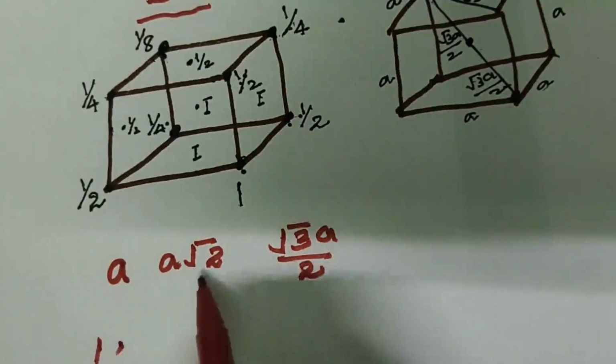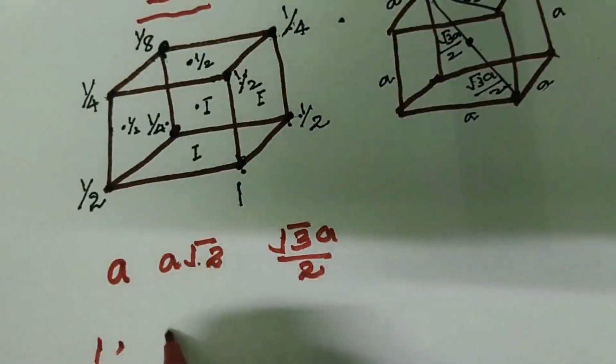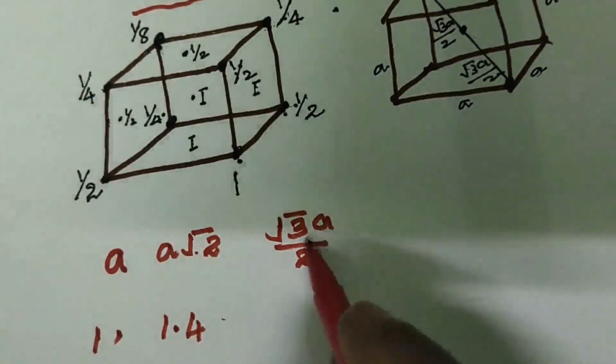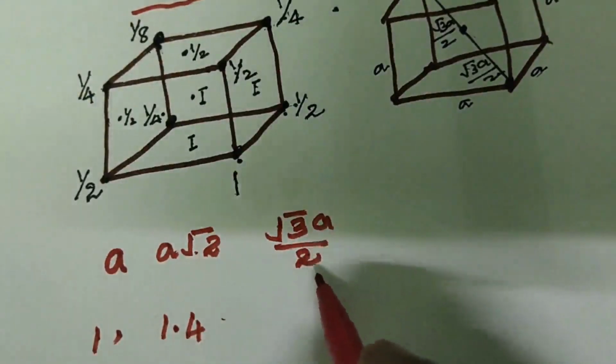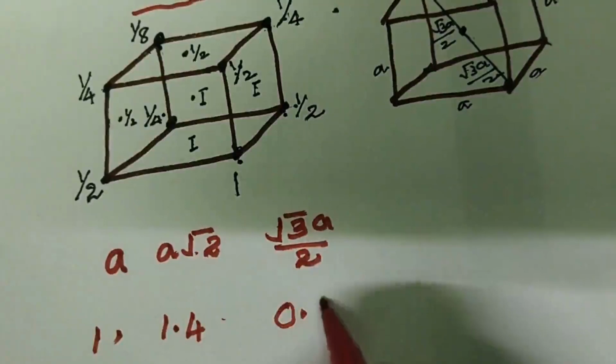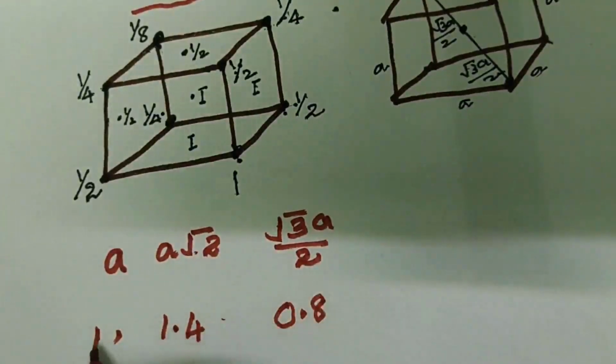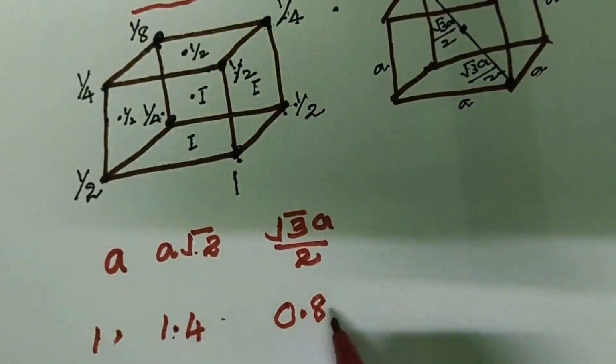This is considered as root 2 a. The root 2 means 1.414, that is 1.4a. Here it is root 3, 1.73 by 2, that is 0.8a. So from the corner, the distances are 1, 1.4, 0.8.